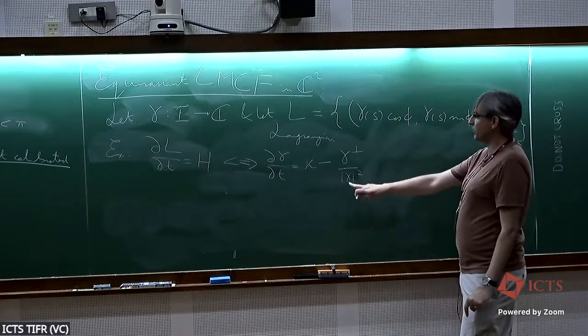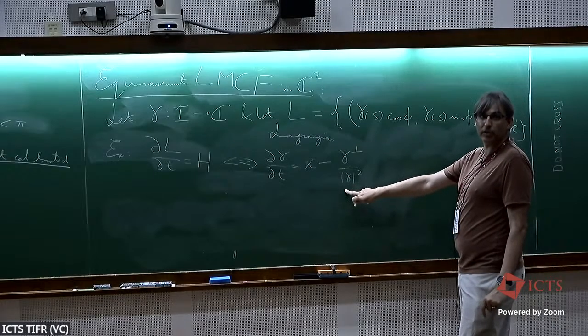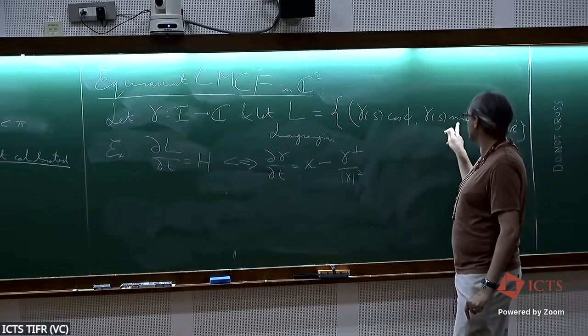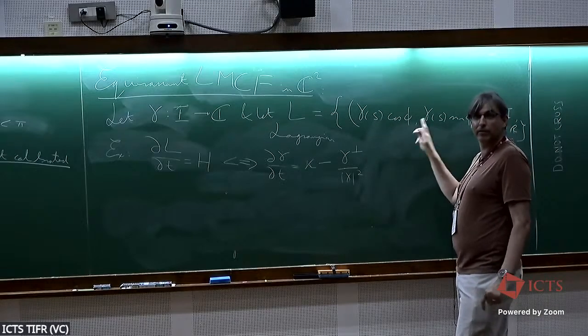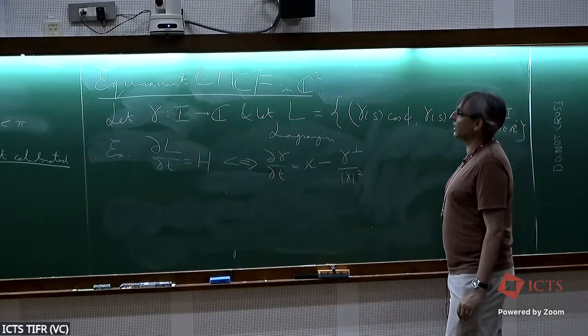So this obviously goes bad when gamma hits the origin. This goes strange when gamma hits the origin, but that makes sense because that's where the circle action degenerates. That's where that goes bad. Okay, so this is a nice fact.